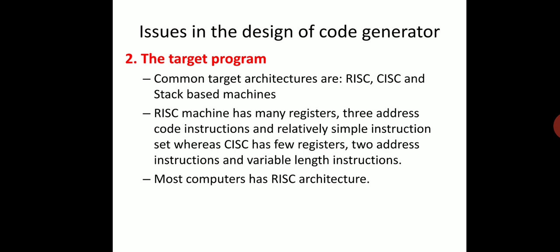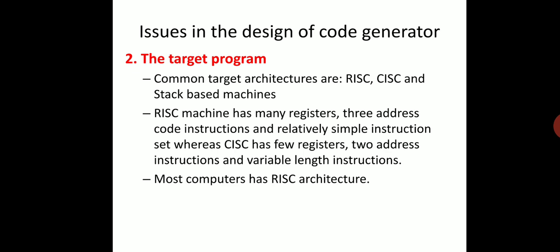So the code generator needs to have knowledge of the target machine and what architecture the machine is following. If the machine has RISC architecture, then what advantage can it have over the CISC architecture? A RISC machine has many registers, 3 address code instructions, and a relatively simple instruction set, whereas CISC architecture has few registers, 2 address instructions, and variable length instructions.